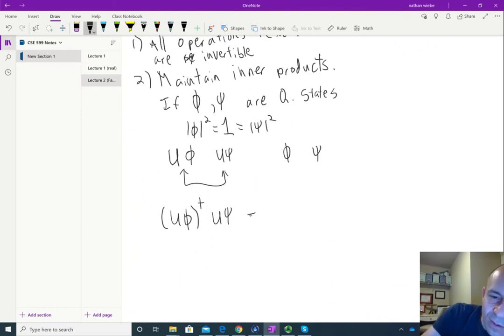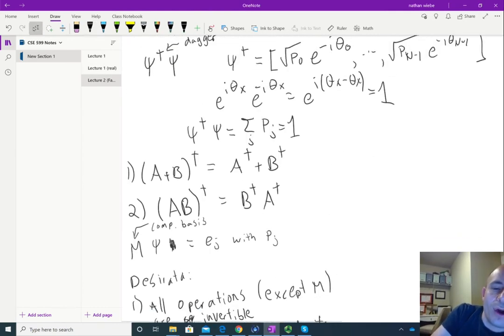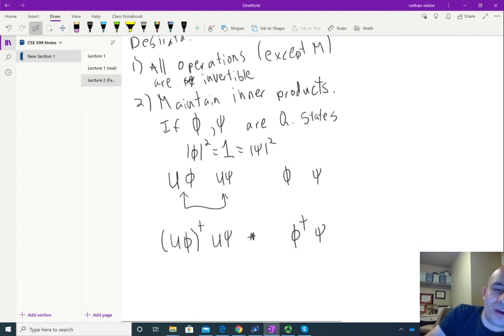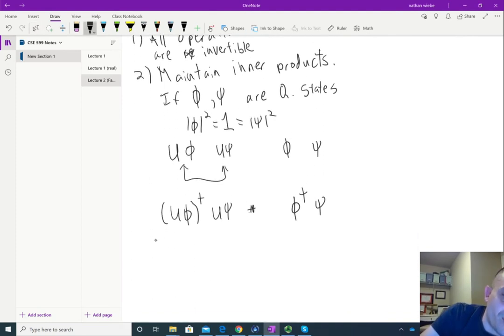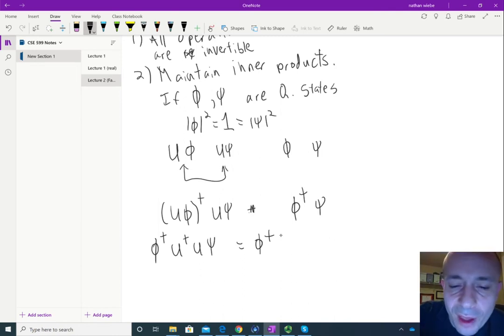The inner product is the adjoint of U phi multiplied by U psi. Remember those properties that I mentioned before? We can use this property over here to re-express this as phi adjoint times U adjoint U psi. And this has got to be equal to phi adjoint psi.